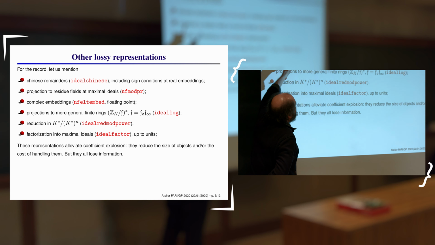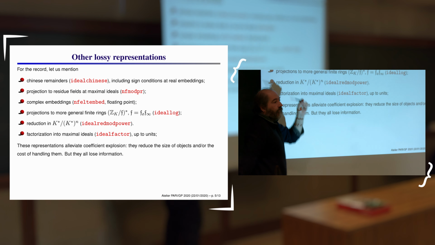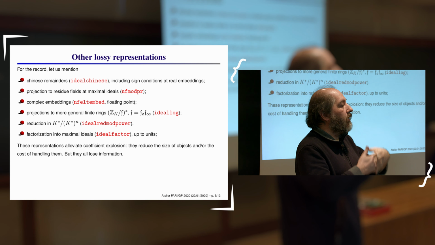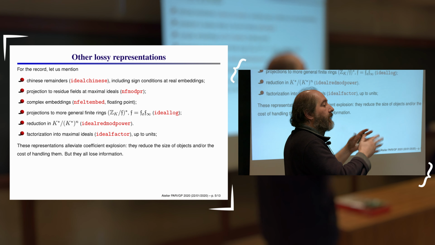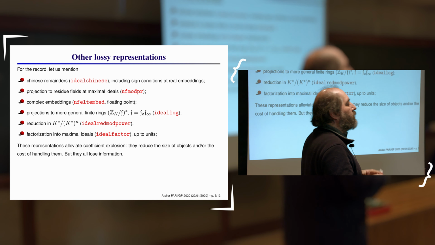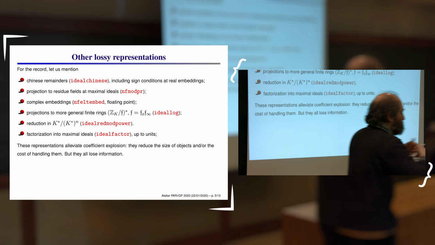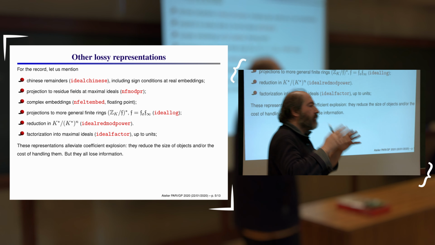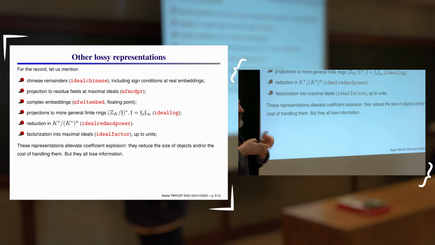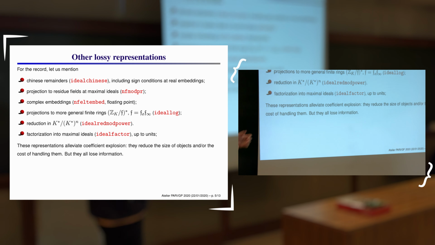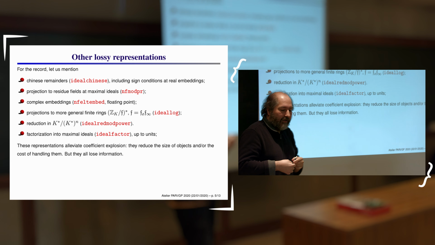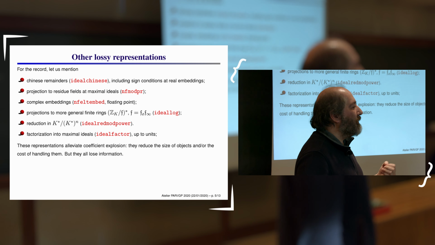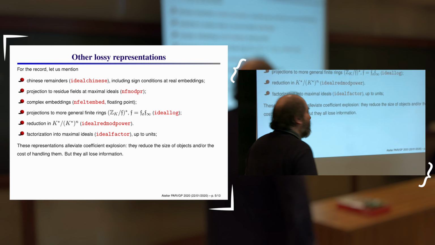So for instance, you can use some kind of Chinese remaindering techniques. Instead of handling elements in K, maybe you just want to know that some congruences hold, and maybe some sign condition or some Archimedean size condition. And if you add, of course, enough conditions, you have a single element, but that's too many usually, infinitely many.